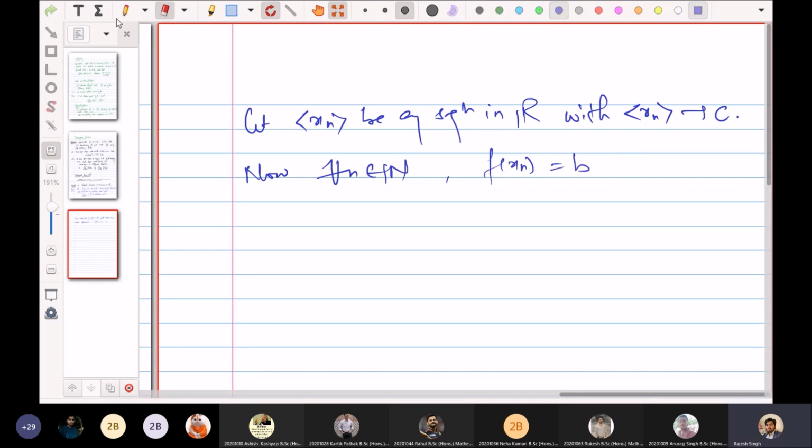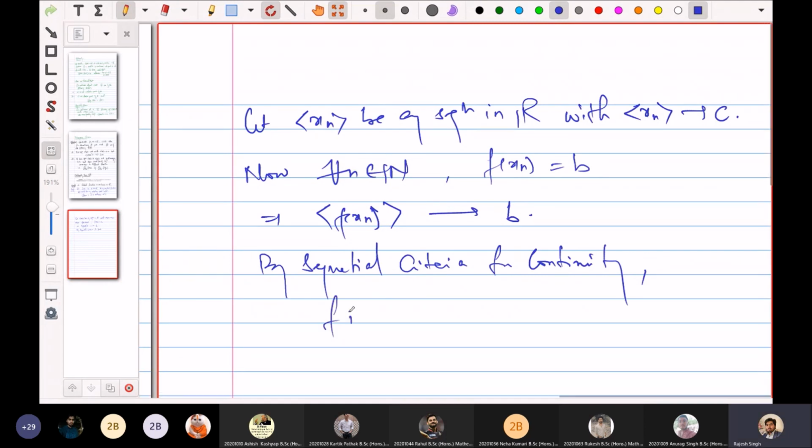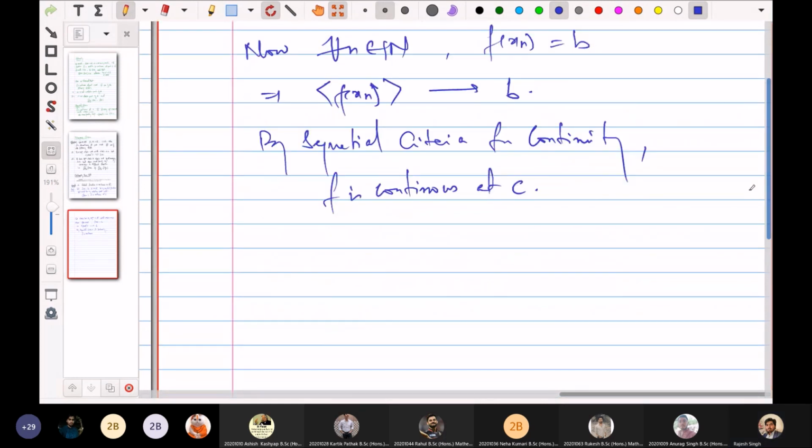So what does this imply? f of xn is a constant sequence, converging to b. So by sequential criteria for continuity, f is continuous at c.